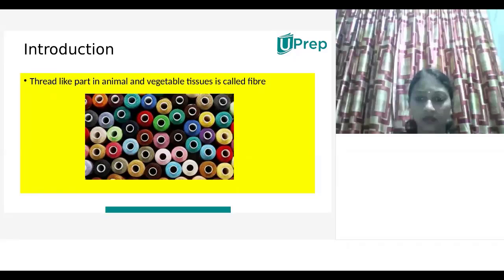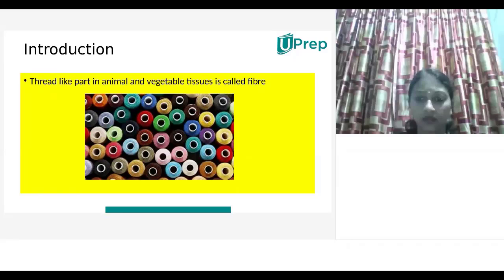After the introduction, we know this is about fiber, and we know the classification of fiber is mainly of three: natural fiber, semi-synthetic, and artificial fiber.